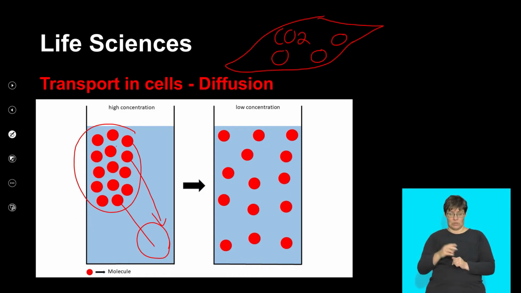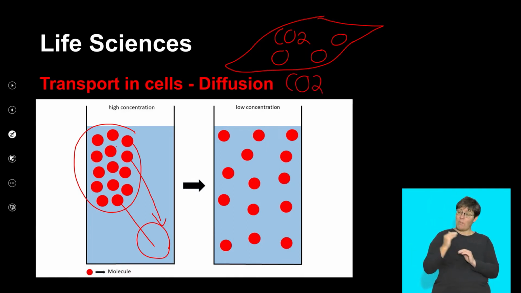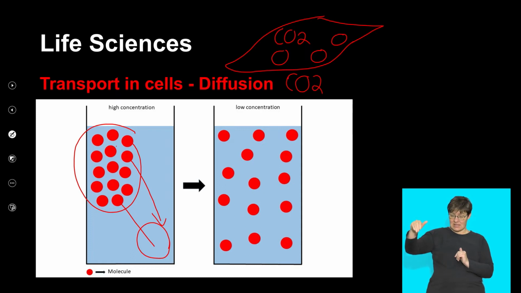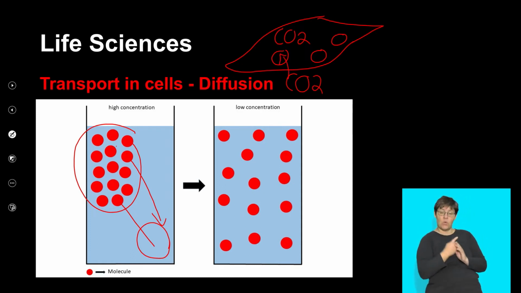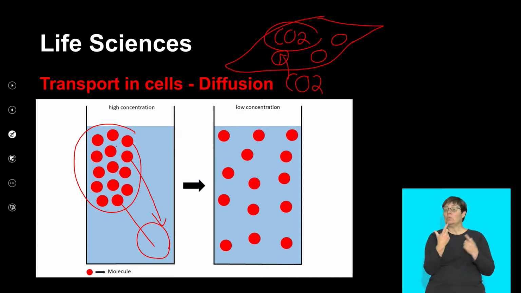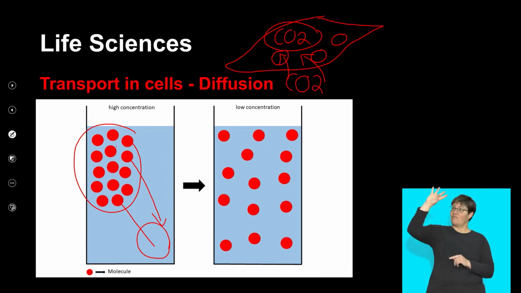So carbon dioxide will move from a high concentration outside the plant into a low concentration in the plant. I know this is a weird concept for you, but what has it been able to do? That process of diffusion, moving something from a high to a low, actually enables the plant to photosynthesize.